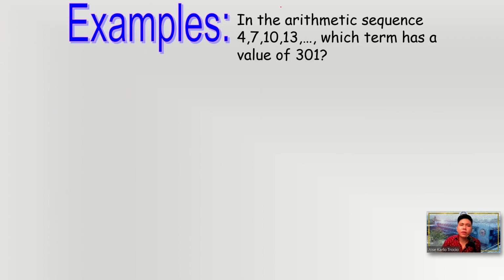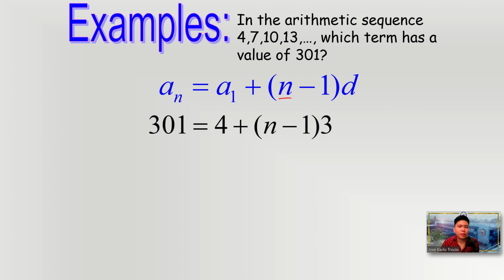Okay, another example. This is just like trying to find the missing values. Sometimes the difference is the missing value or the n or what. But in this case, the missing term. In the arithmetic sequence 4, 7, 10, 13, and so on, which term has a value of 301? Oh, we are looking for the n, right?